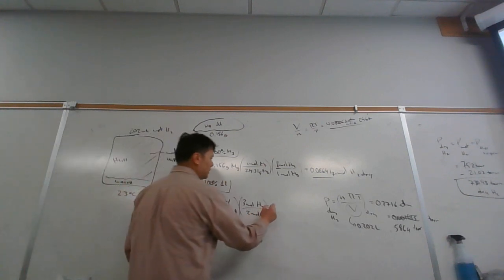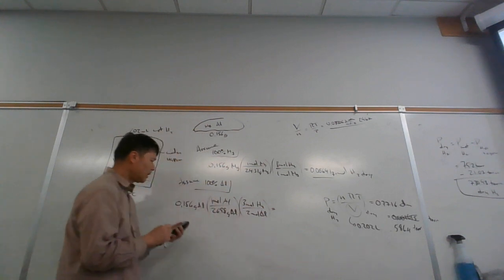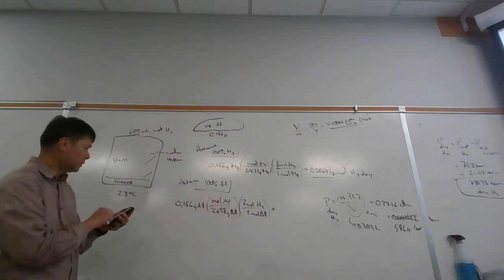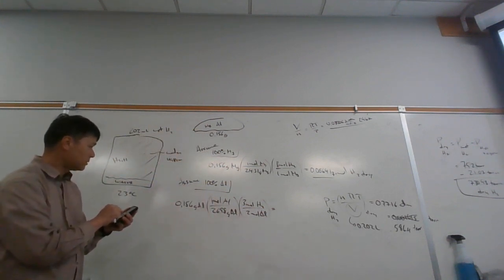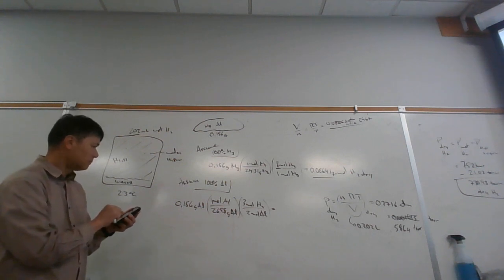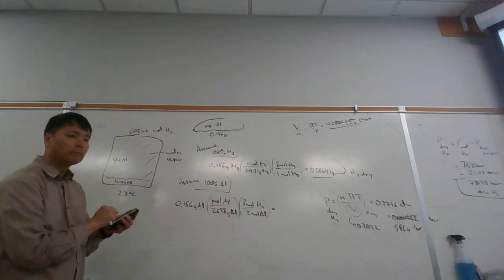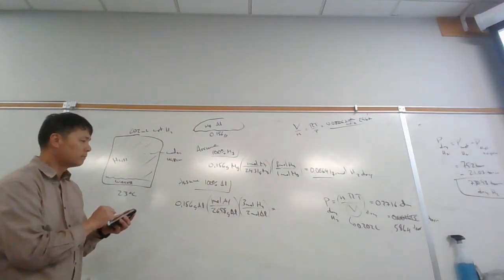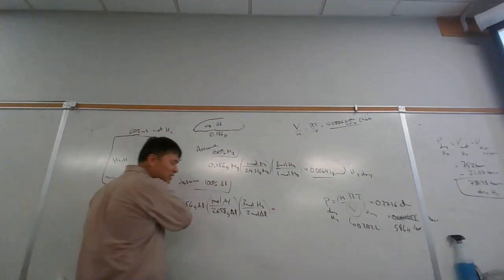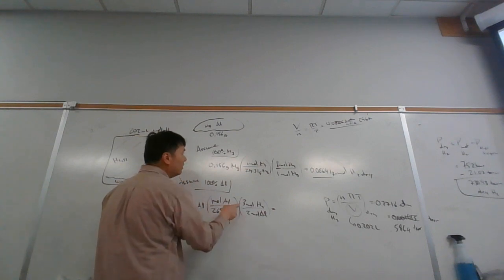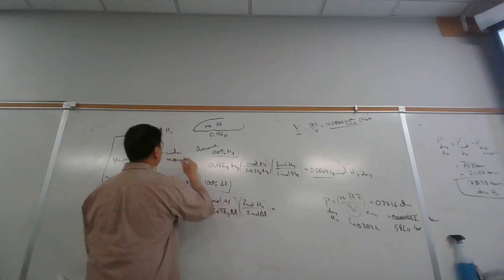And I'm going to calculate how many moles of aluminum. So 0.156 divided by 26.98. Well, I got a 6 to 2, like 3 to 1 ratio. Is that right? Yeah, multiply, what did I get?